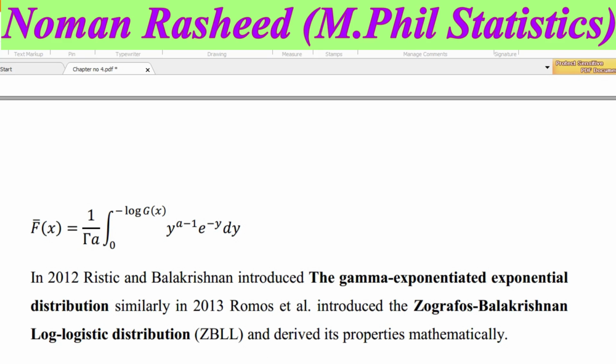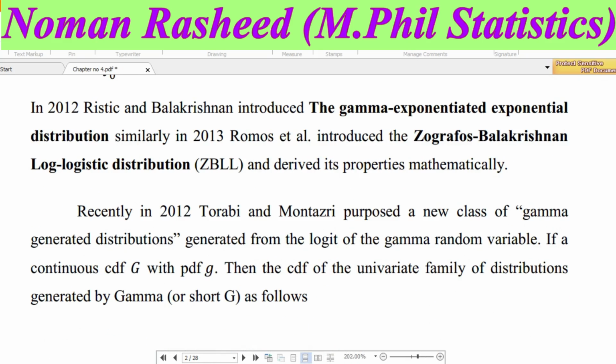Different authors at different times also introduced the gamma exponential distribution. In 2013, Ramos et al. introduced the Zografos Balakrishnan log logistic distribution and derived its properties mathematically.